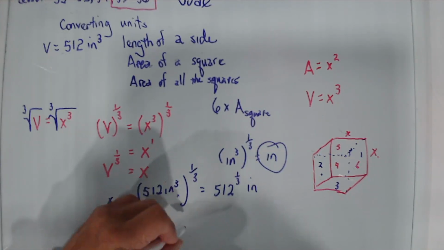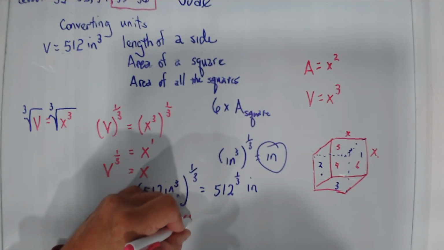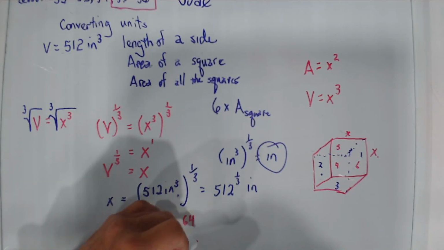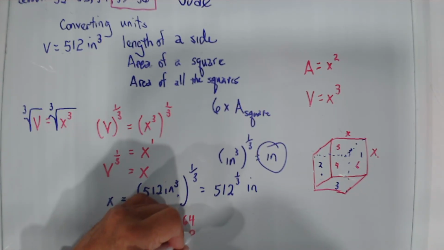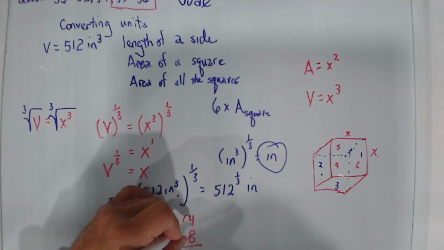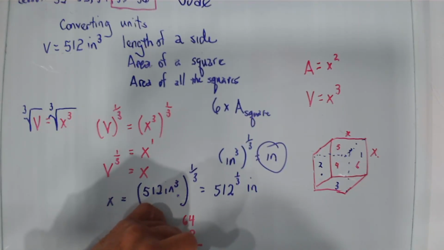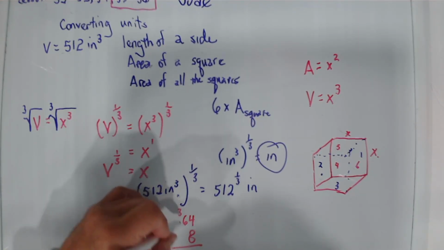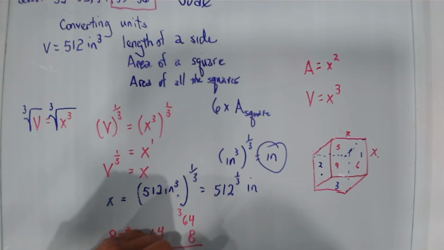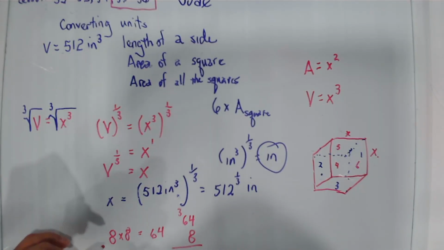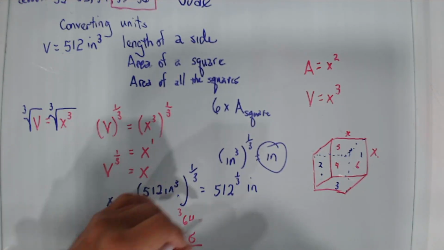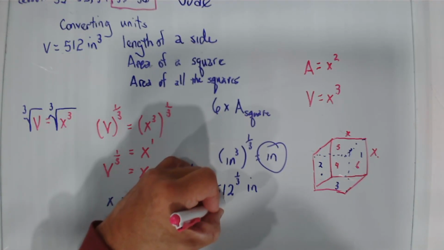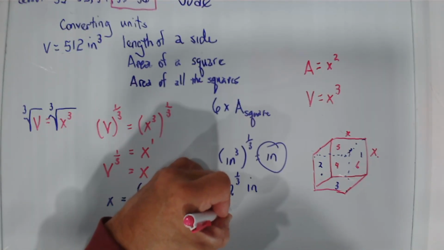I just remember this because I deal in binary all the time. And this should be the right answer. 8 times 4 is 32, 6 times 8 is 48, plus 4 is 50, 51. So we see our answer is going to be 8. So that is 8 inches.